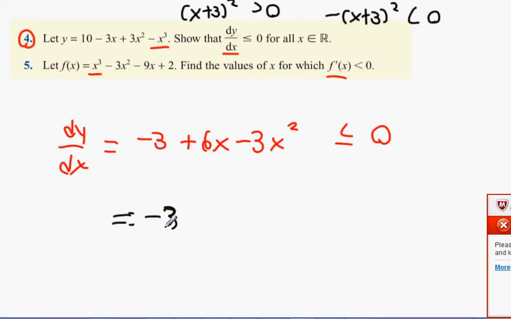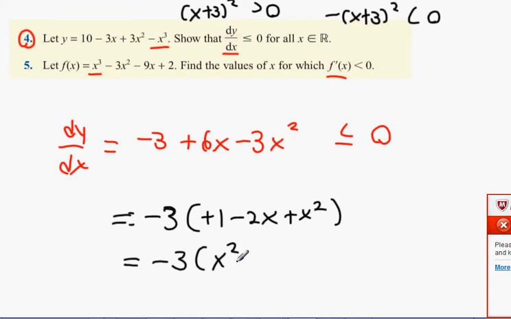I'll take out minus 3 into minus 1, plus 1, minus 2x, and that's much easier. Turn it around. It's less than or equal to 0.